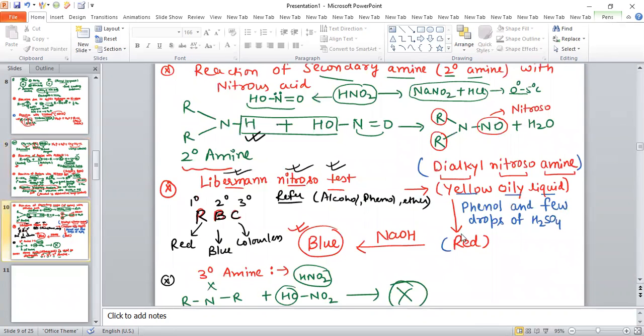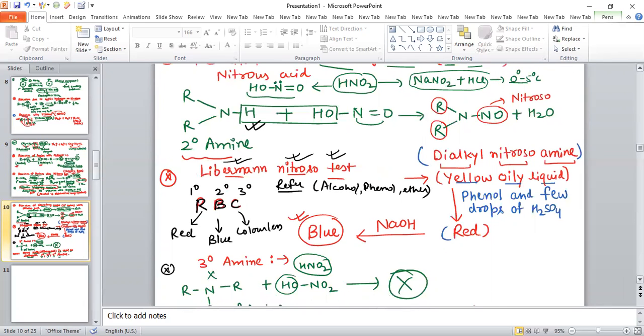While we have seen in 2-degree amine, it forms dialkyl nitrosoamine, which is a yellow oily liquid. And when we add few drops of phenol along with H2SO4, red color is obtained. Then we add NaOH. After addition of NaOH, blue color is obtained.